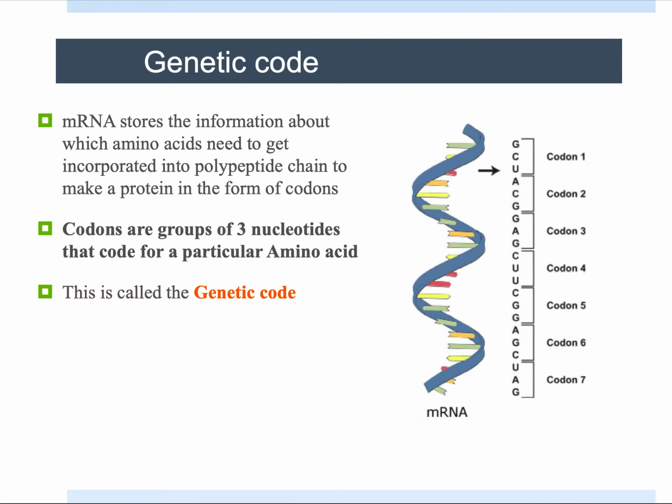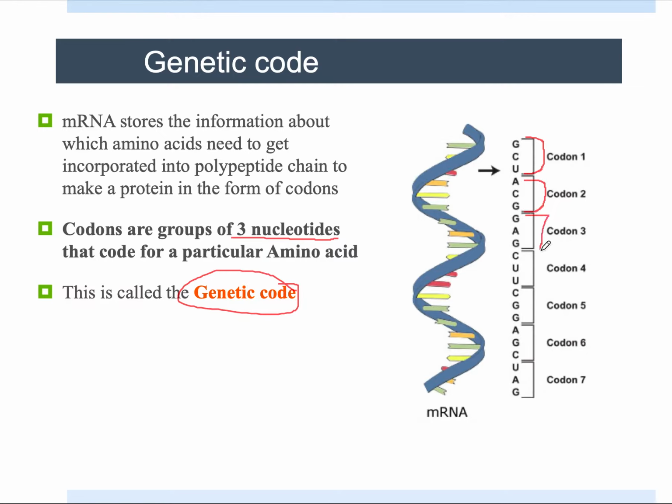And so that leads us to what we call the genetic code. The codons are groups of 3 nucleotides. So what the cell does is that it reads the information on the messenger RNA in threes. So 3 nucleotides are read together. 3 nucleotides will code for 1 amino acid.